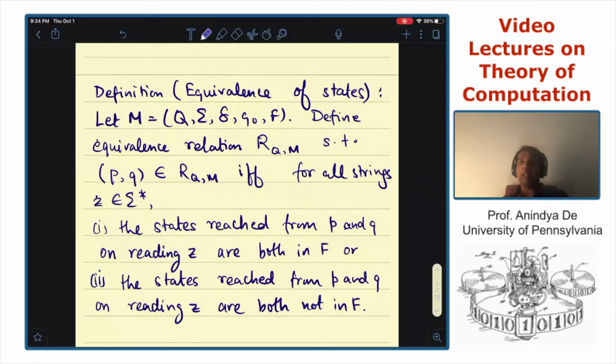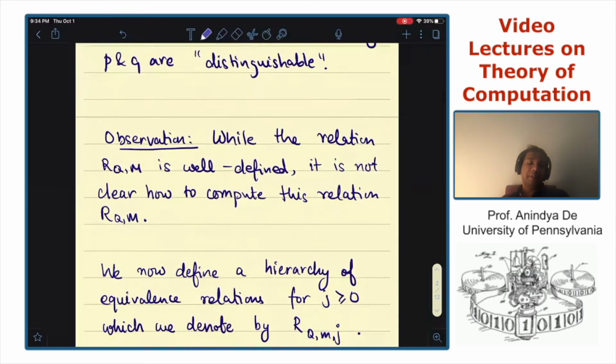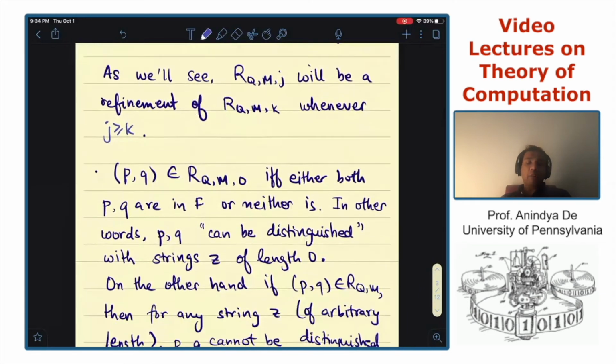That's what we mean by a string Z distinguishing between P and Q. R_{Q,M,0} is saying that two states P, Q are not in R_{Q,M,0} if they can be distinguished by a string of length 0. Namely, if you read the empty string, then one ends up in an accepting state, the other is not in an accepting state. So that's one way to think about R_{Q,M,0}.